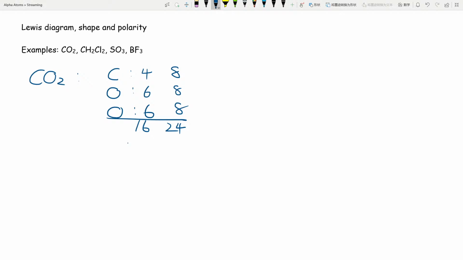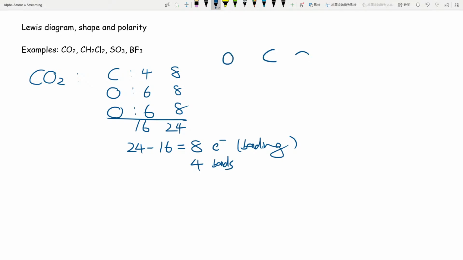So 24 minus 16 gives you 8 electrons, 8 bonding electrons. That's going to be 4 pairs of electrons. Let's not use the word pairs, this is 4 bonds. What that means is that for your CO2 Lewis diagram, you need to put 4 bonds between the O's and the C, and then you have to make sure that every single atom has 8 electrons.